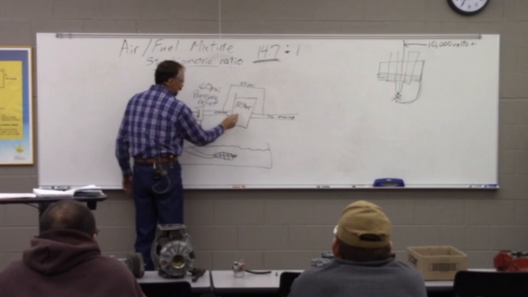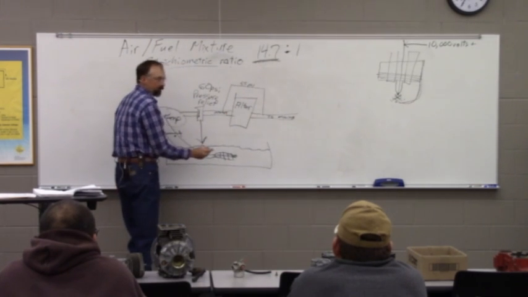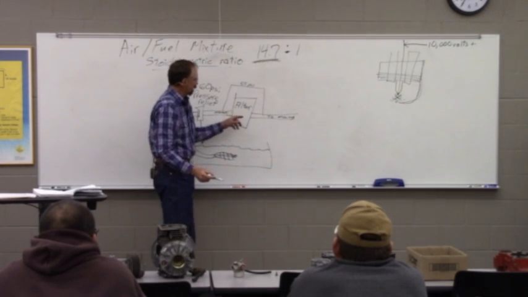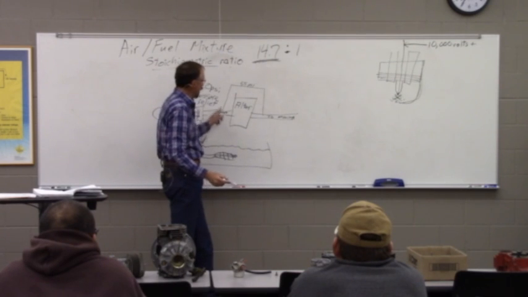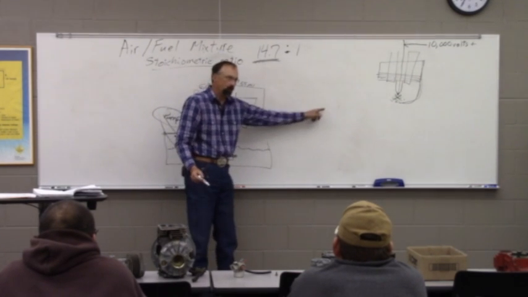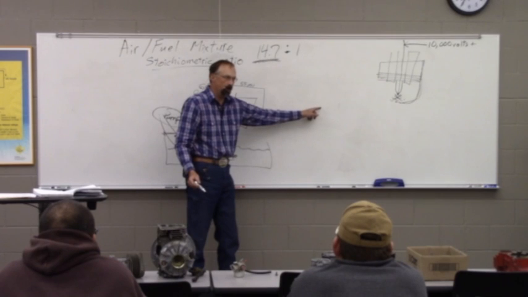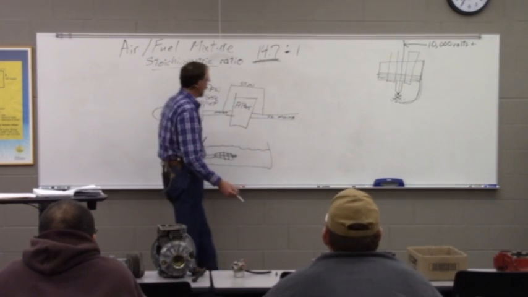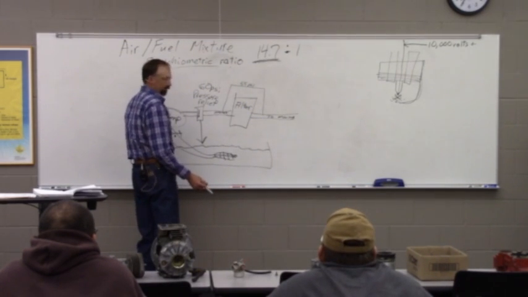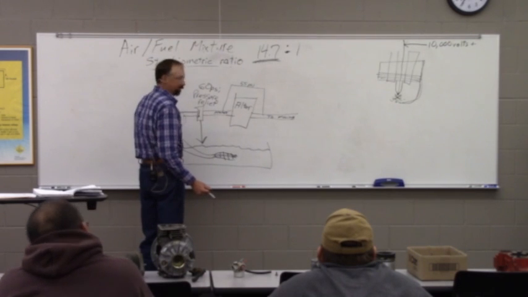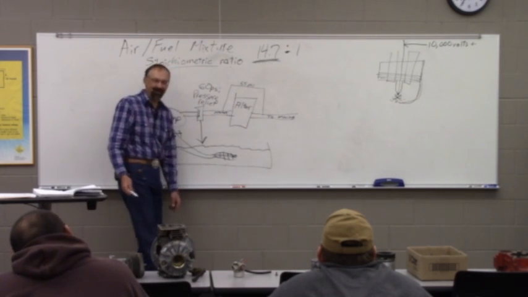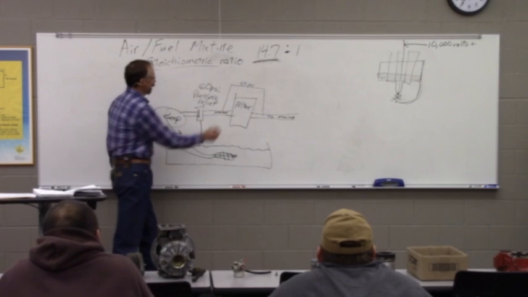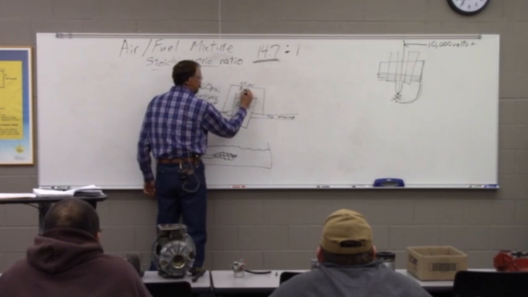The idea is, if this filter gets so plugged, we would rather have unfiltered oil go to lubricate all our parts than no oil. No oil is going to trash them faster than oil that hasn't been filtered. It's still a bad deal, but it's not as bad. Does that make sense? So this is known as the bypass.